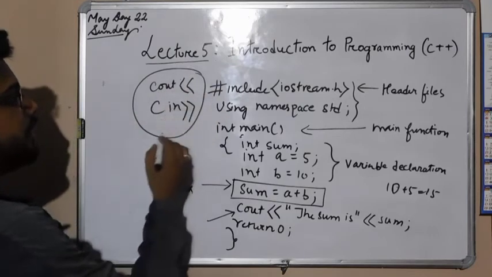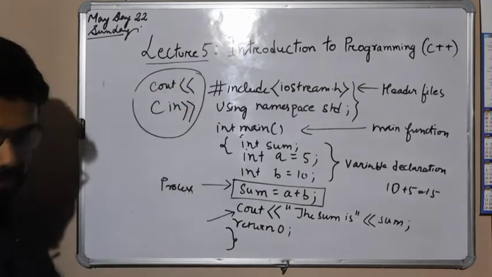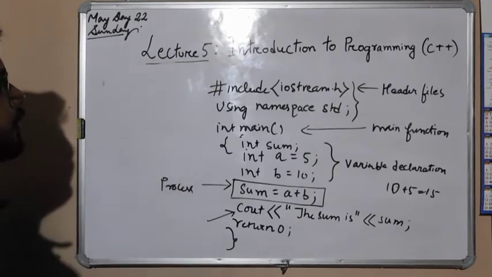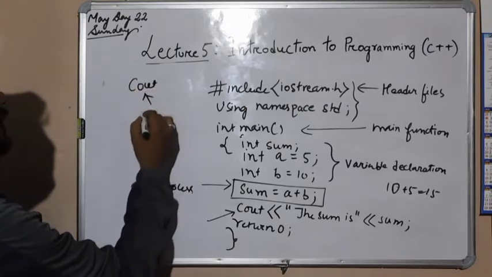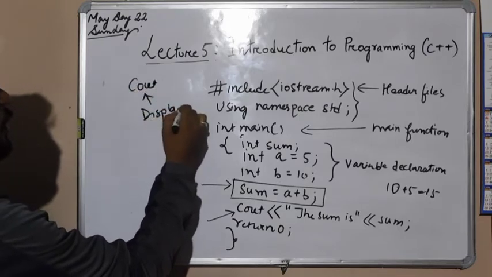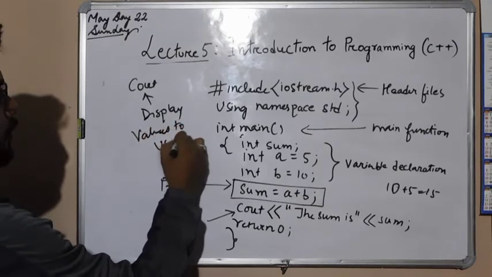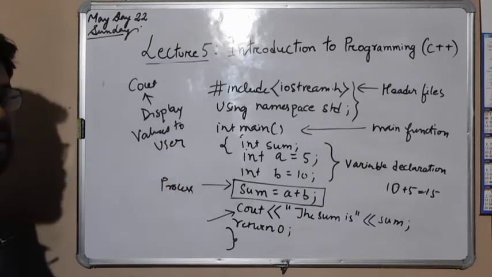It is used to display. The cout statement is used to display. Let me write it here. cout is used to display values to the user. Okay? cout is used to display values to the user.